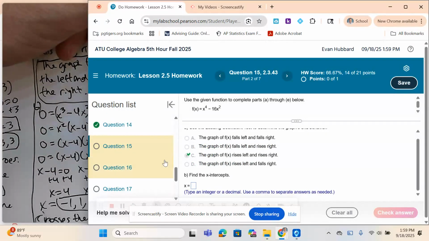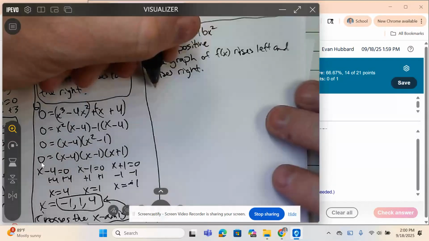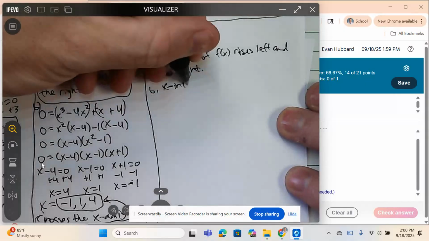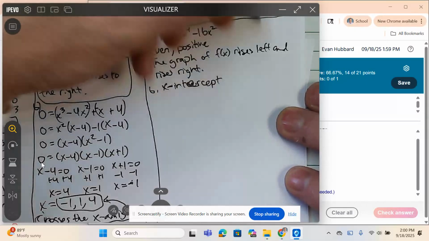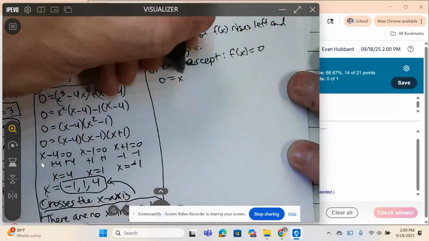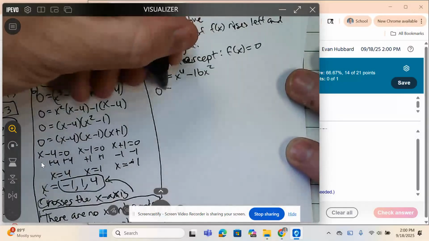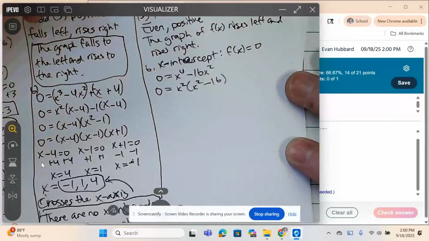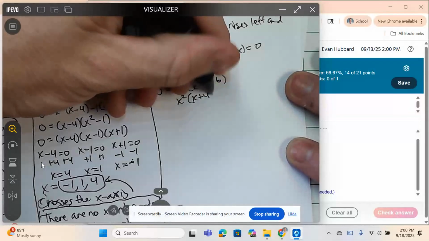Okay, find the x-intercepts. So I'm going to make f of x equal 0. So 0 equals x to the fourth minus 16x squared. I'm going to factor out x squared, and I'm left with x squared minus 16. So it's x squared, x plus 4, x minus 4.